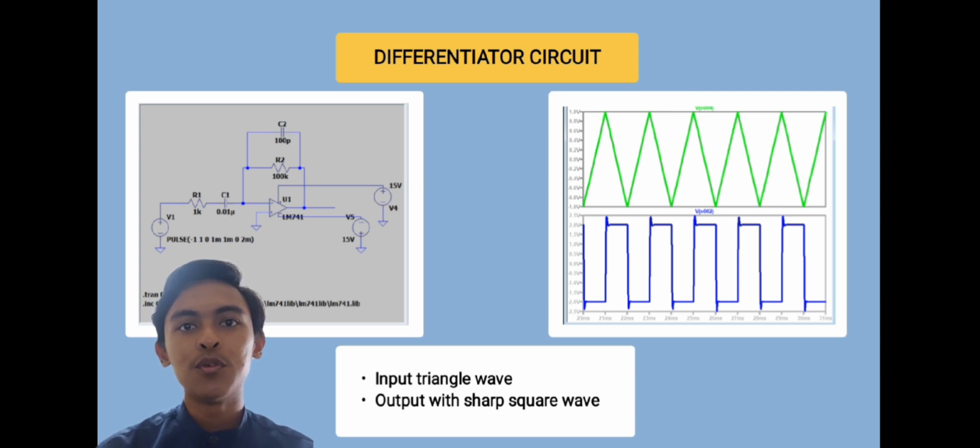A triangular input produces sharp positive and negative pulses at the edges, forming an approximately square wave, quite sharp. The 100 picofarad capacitor limits high frequency gain and prevents circuit oscillation. Increasing the input amplitude causes the output to clip and distort due to slew rate limitation.